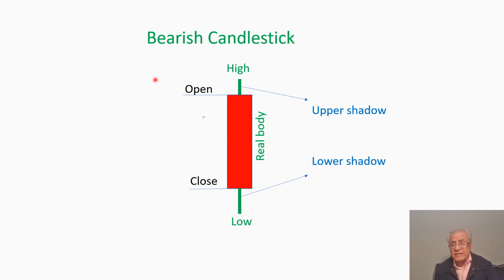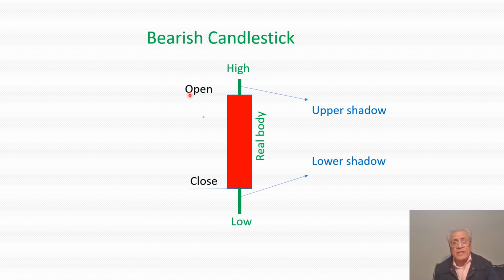In a bullish candlestick, the open price is all the time below the close price. That is the difference. Now, for the sake of argument, let's say this candle represents one day of trading, D1, one day of trading.